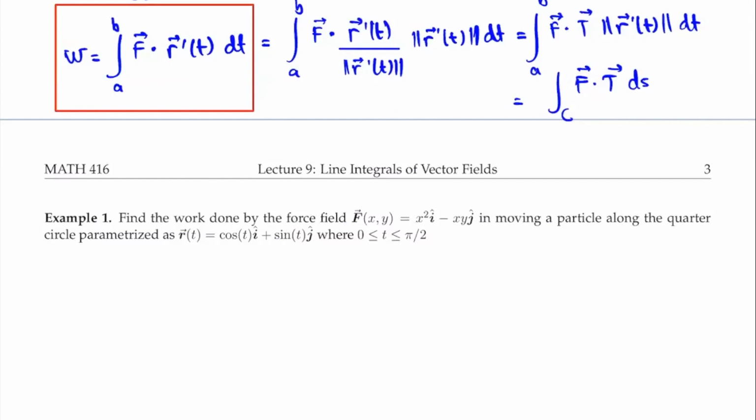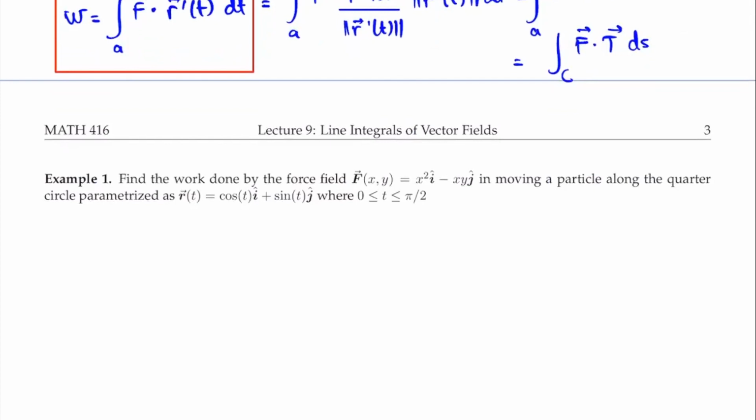This quarter circle is parameterized using the formula: the first component is cosine of t, the second component is sine of t, and the parameter is going from 0 to pi over 2 only because it's a quarter circle. You okay with that? Okay. I'm going to apply the formula that we just derived right here.